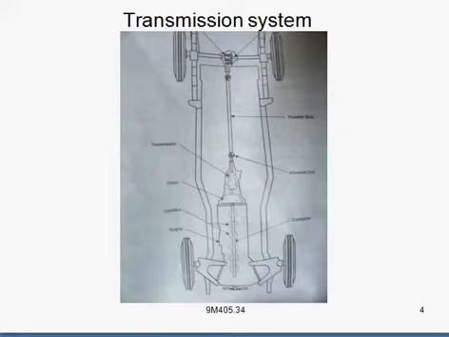Here the drive is transferred to the rear wheels only. There is no transfer of drive to the front wheels. And this propeller shaft is joined to the gearbox and differential by means of two units called universal joints.